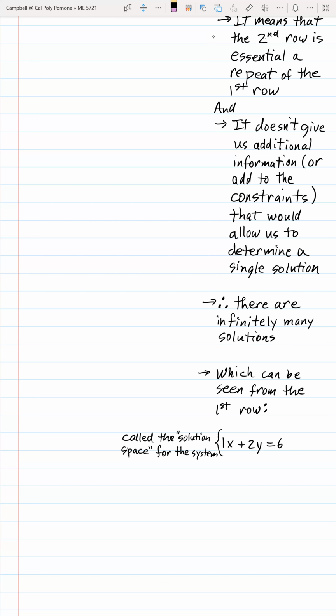Or restating it, y is equal to negative 1/2 x plus 3 is the most restrictive statement.